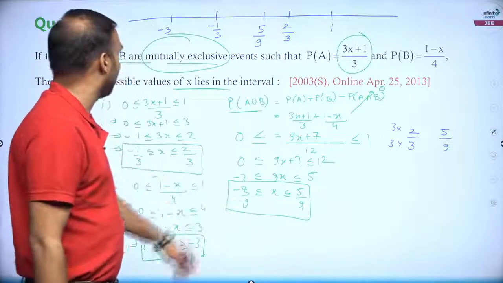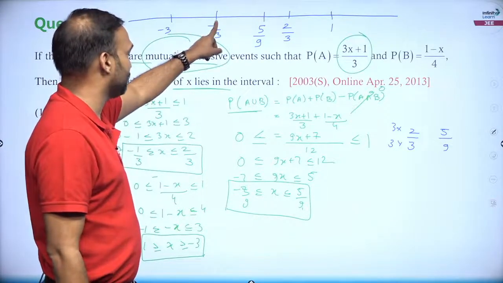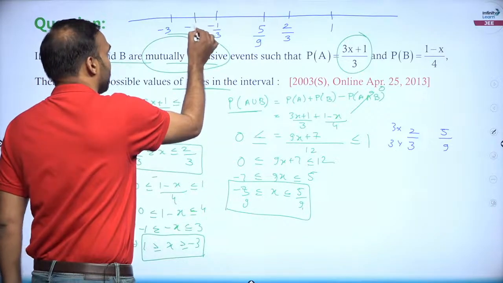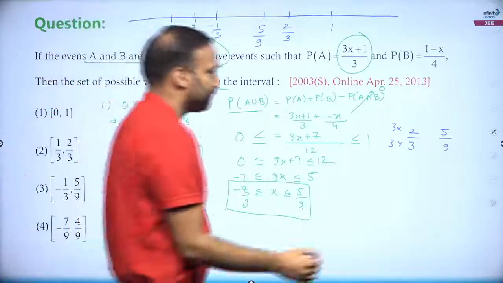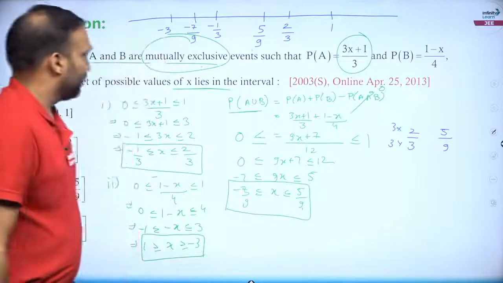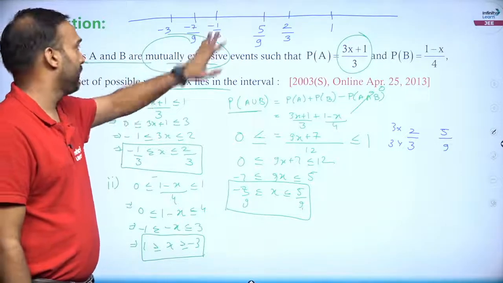Minus 7 by 9. If I multiply this by 3, it becomes minus 3 by 9. So minus 3 by 9 and minus 7 by 9. Cool. Right, so minus 7 by 9 would be over here, minus 1 by 3 would be over here.